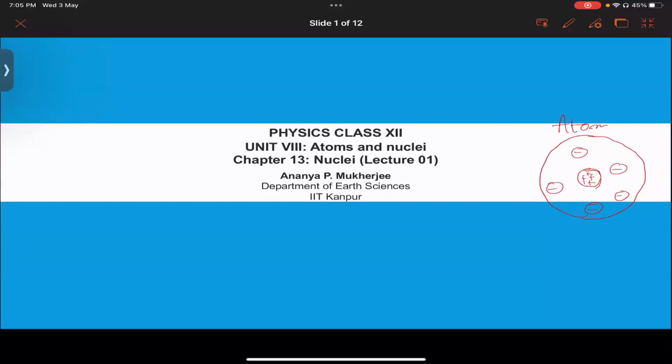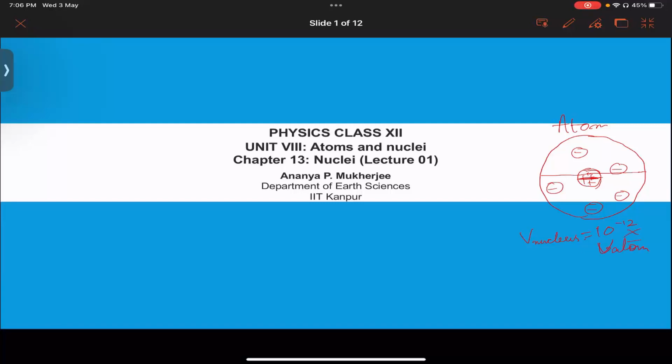The experiments that were done by the scientists showed that the radius of the nucleus is very small compared to the radius of the atom. So that means the volume of the nucleus is very, very small, of the order of 10 raised to minus 12 of the entire volume of the atom.